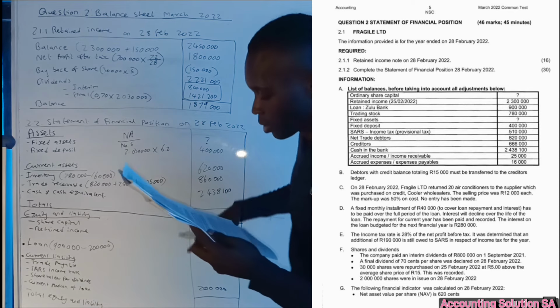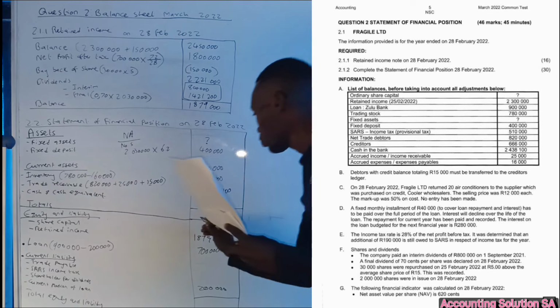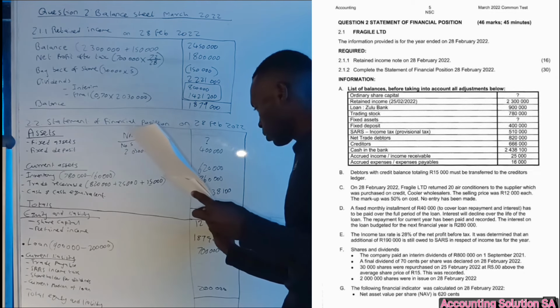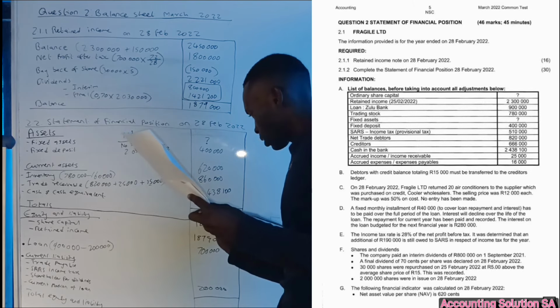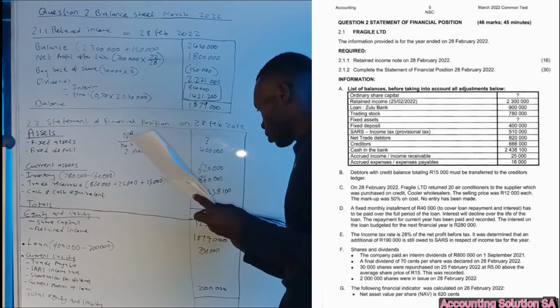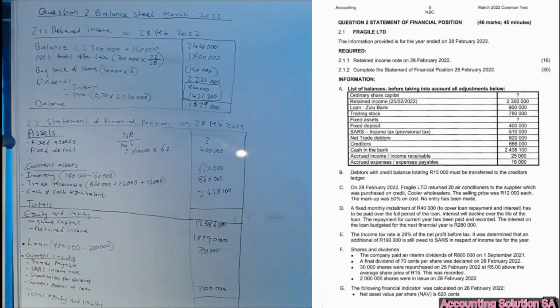If you do this calculation, it's going to give you net assets or equity of 12 million and 58,000. So it's 12 million and 58,000.